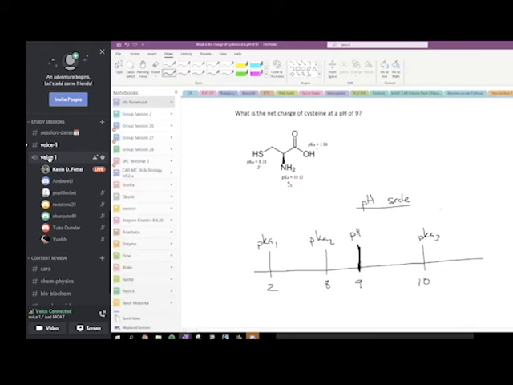Okay, now what? So since the pH is greater than the pKa1 at 2, it'll be quote unquote more base. Yeah, exactly right. Because 2 and 8 are both more acidic than 9, right? Remember, pK is kind of the pH of the substrate.